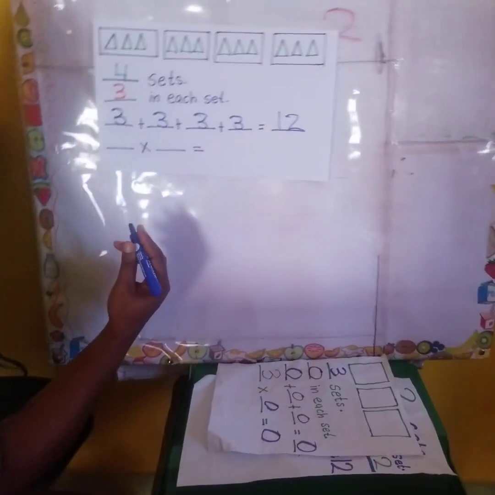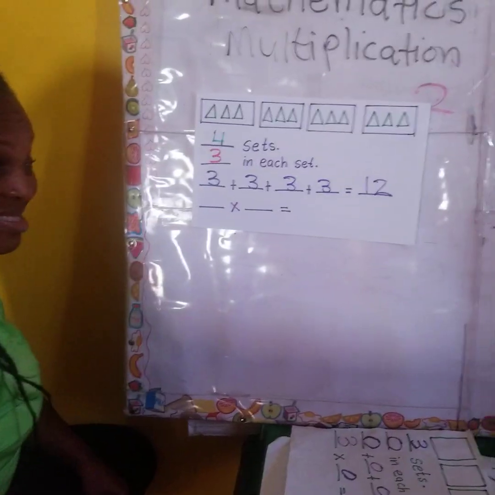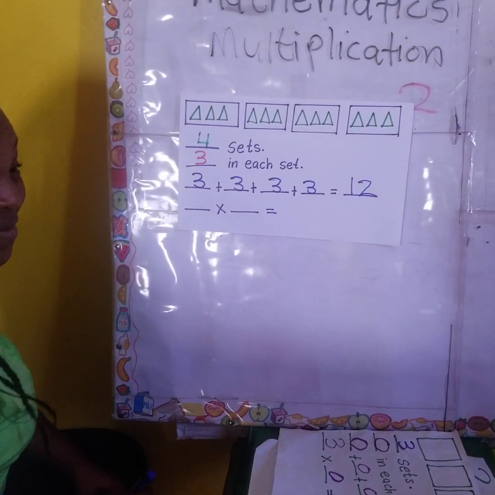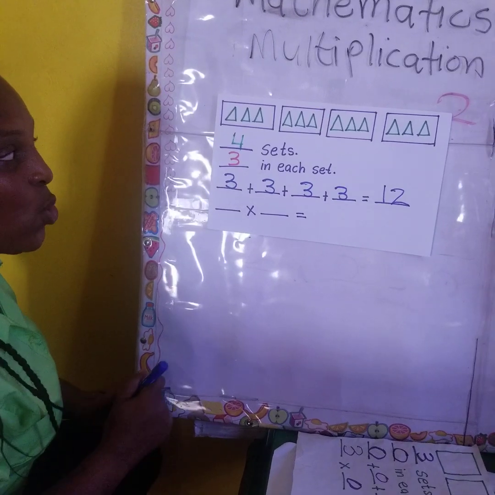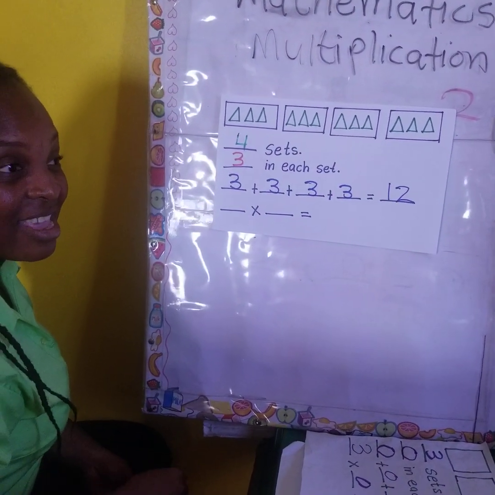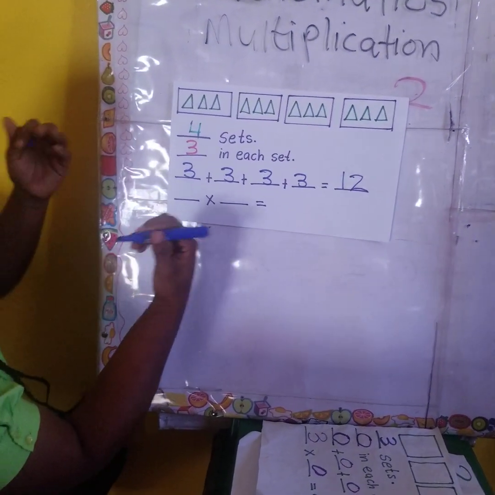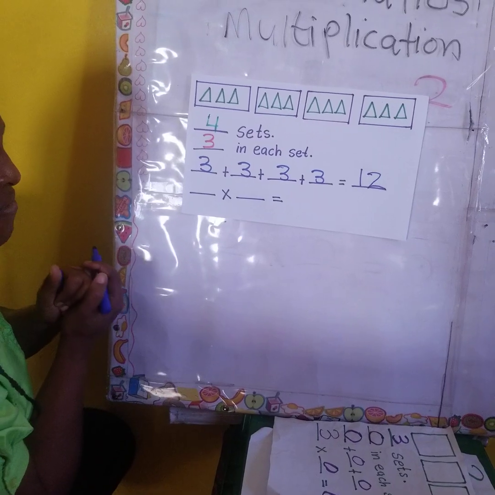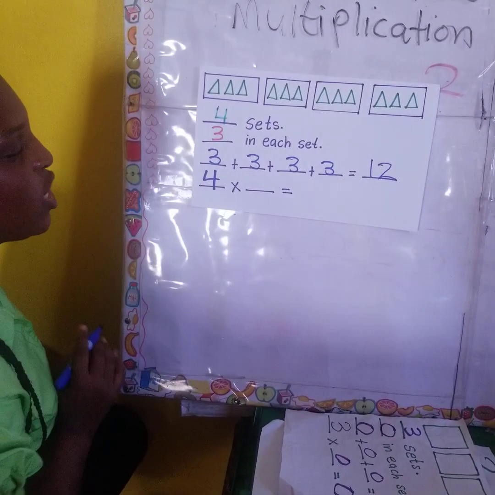Great job. Now we have to multiply. And remember, when we multiply, it makes things easier because we don't have to write something plus something plus something. We just have to know the number of sets and the number in each set. We have 4 sets, and 3 in each set.